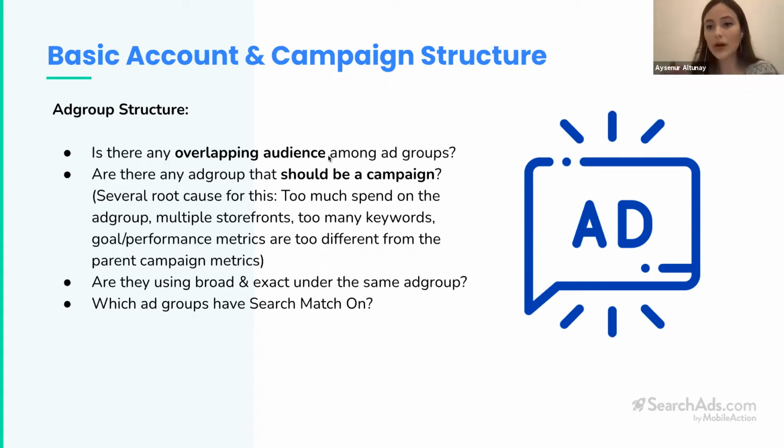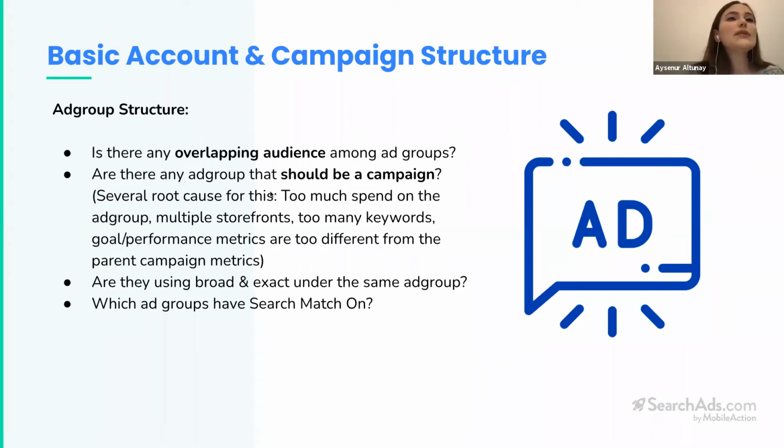For example, you are targeting females in one ad group, and in another campaign you are again targeting females, and there may be duplicated keywords. There can be duplication issues like this. You can check for this, because it also makes it hard for you to evaluate your performance and optimizations in a healthy way. You should check this as well.